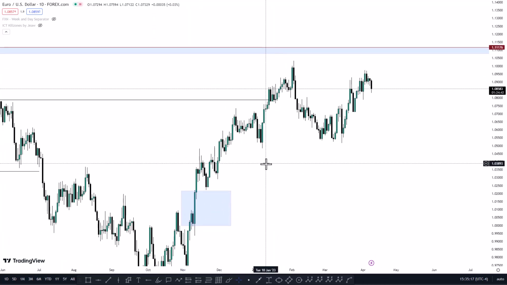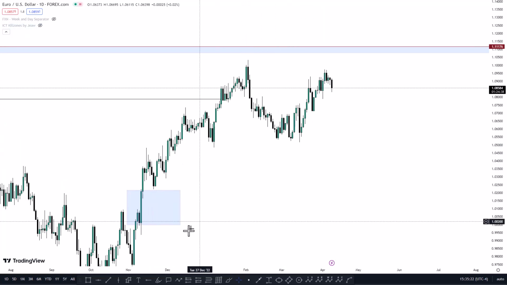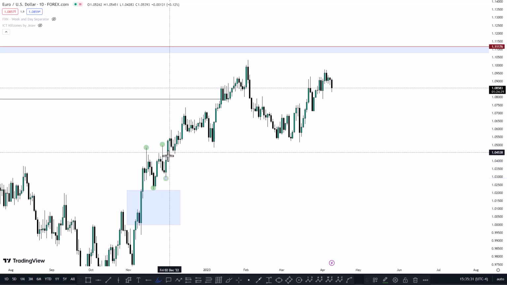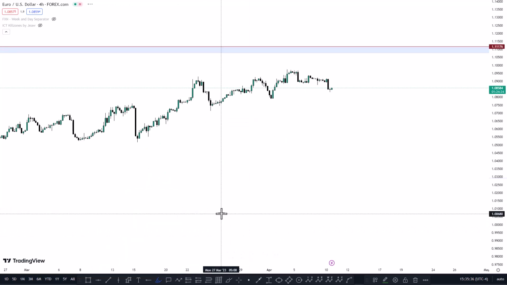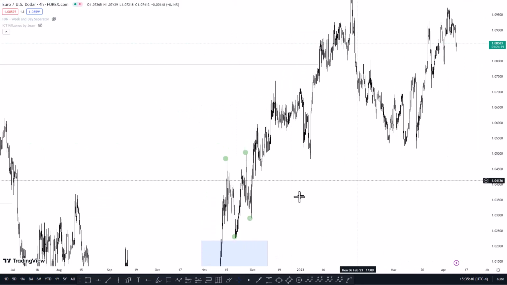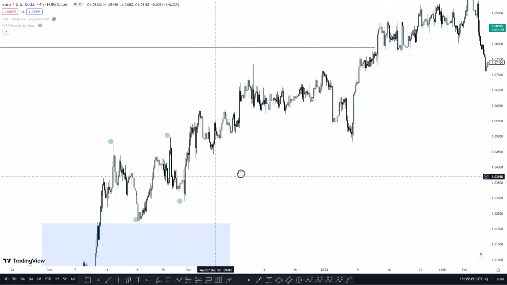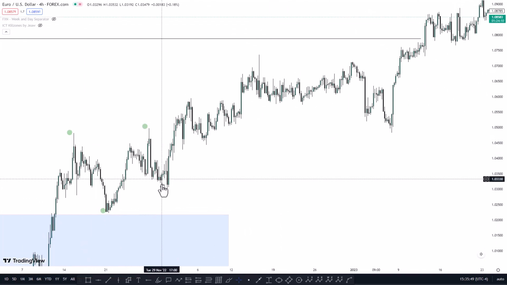You can simply see, as the market was pushing higher, you have a structure high, structure low, structure high, structure low. But look what happened here. If we change to the H4 time frame to show you clearly, after breaking the structure, as you can see here, we have a clear high, a clear low, a clear high, a clear low.